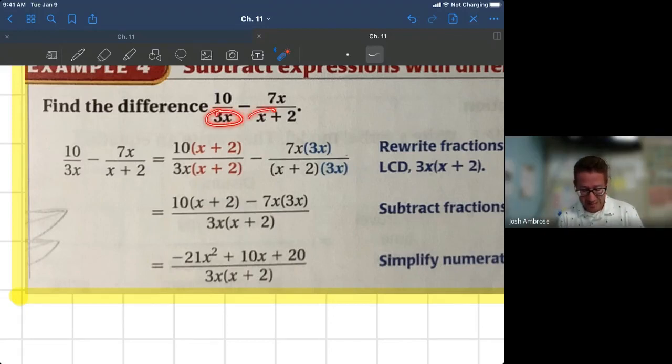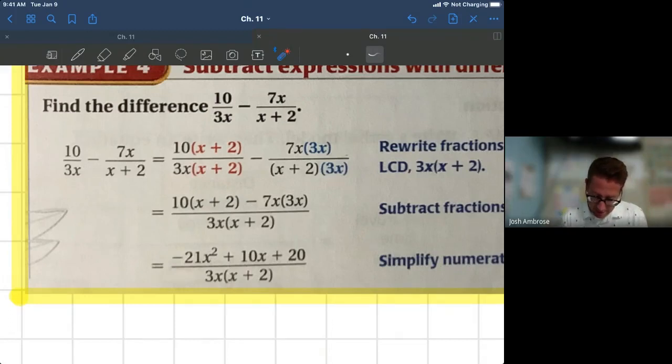3x times x plus 2. That's why they're showing it both places right here. But I do want you to understand, you do not have to multiply these together. See, throughout the whole problem, they just show them next to each other because that is the common denominator. Okay?